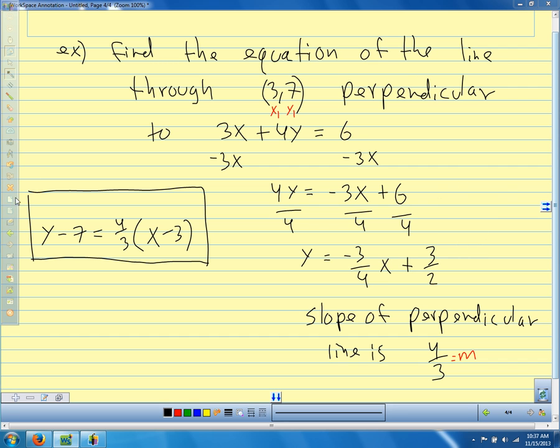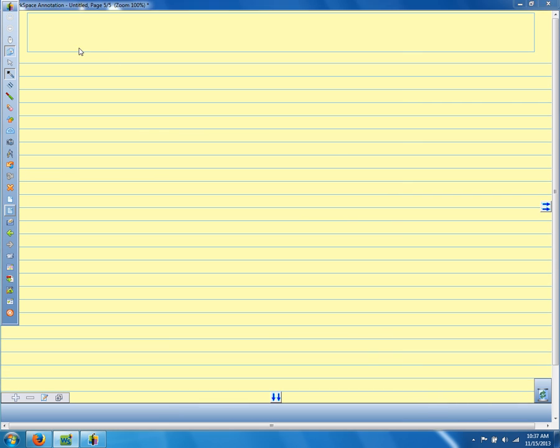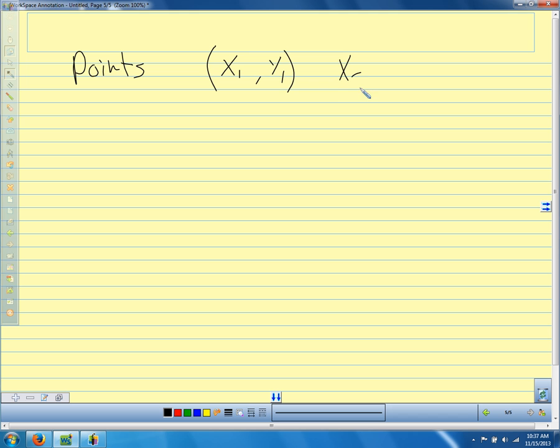All right, let's have just another quick review. If we have 2 points, x1, y1, and x2, y2, how do we find the slope between those points, Ashley?